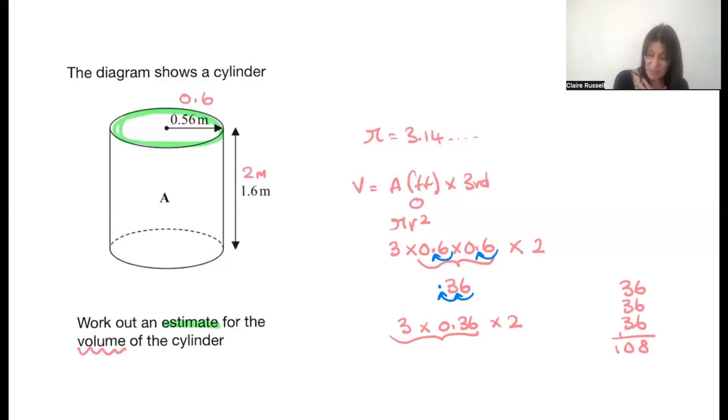When you get the decimal put back in, you've got 1.08. And then when you double that, you've got 2.16 as your estimate. Okay, so still a little bit of work going on, but we've rounded accurately, we've stuck with that, and we've come out with this answer at the end.